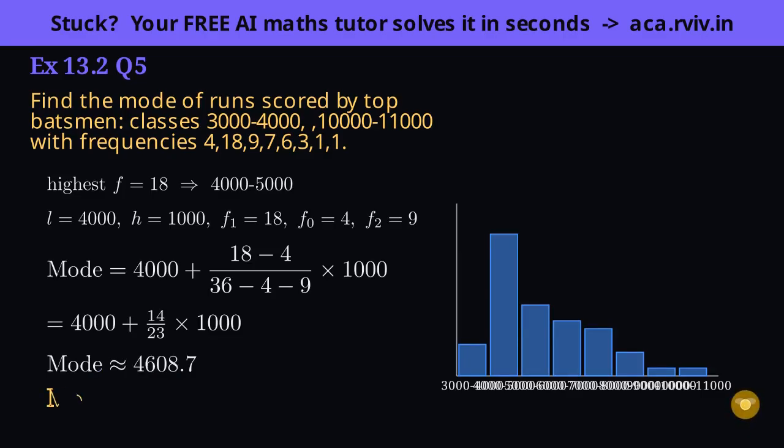So notice, because the class before the peak is very light and the one after only moderate, the mode lands well inside the modal class, comfortably above its midpoint of 4500. The bigger the drop to the neighbors, the deeper into the class the mode sits, that's the lean, made numerical.